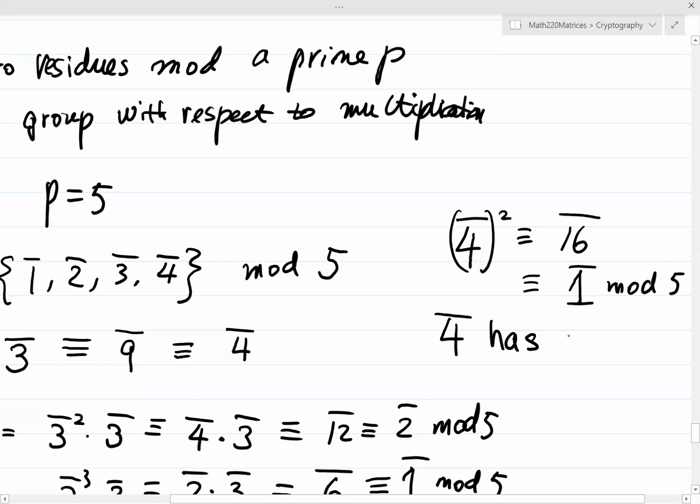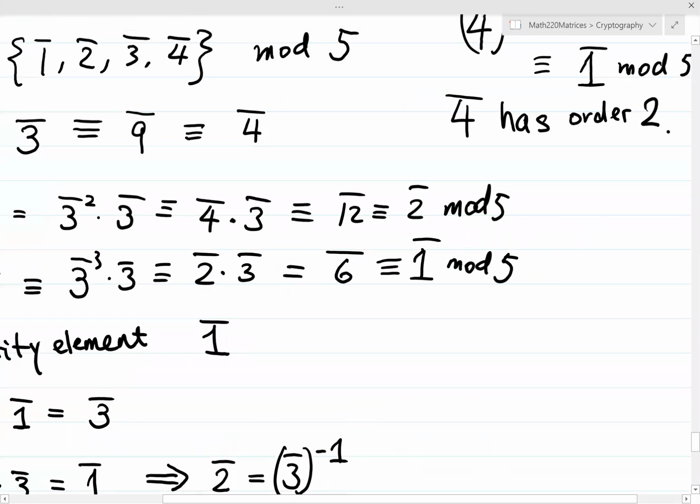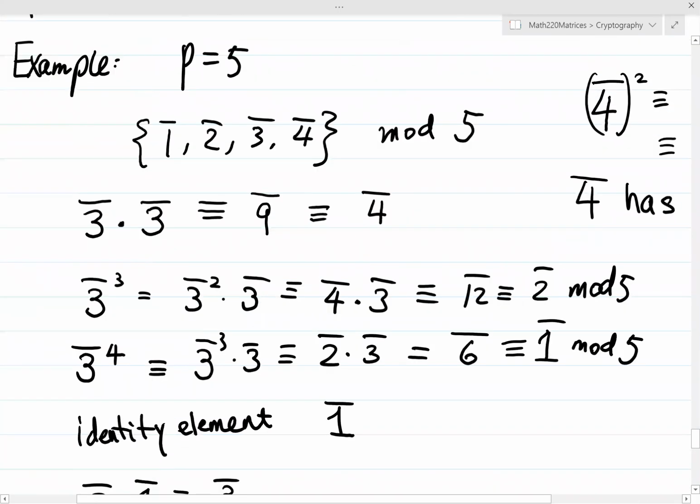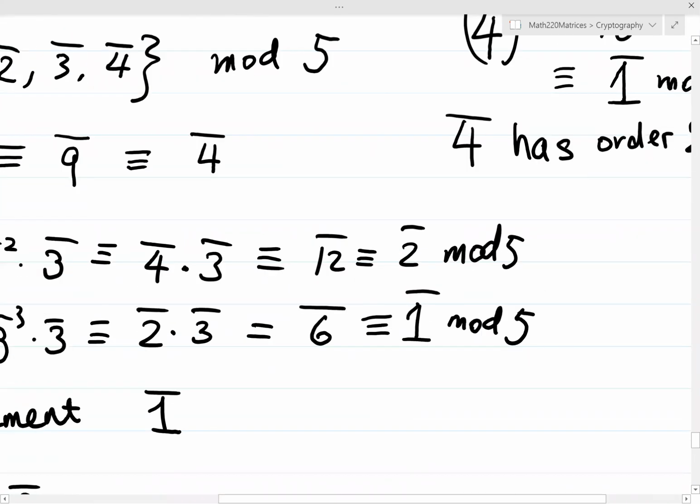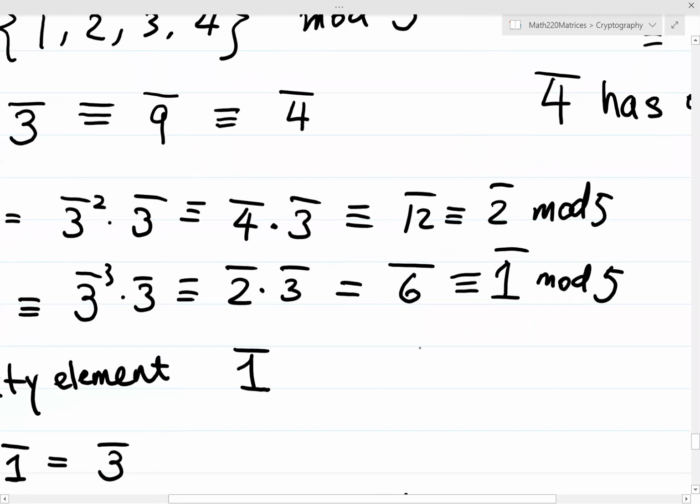And for the element 3, we need to go to the power 4 to finally get 1, the identity element. So 3 bar has order 4.